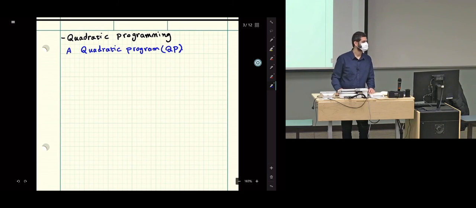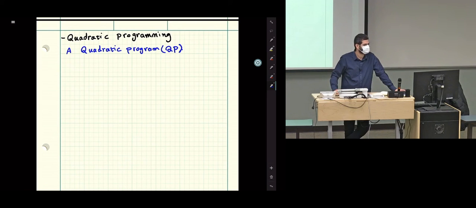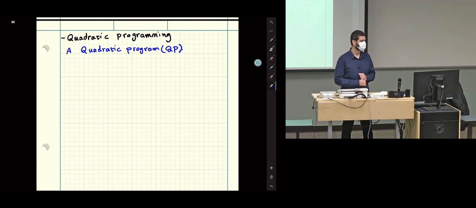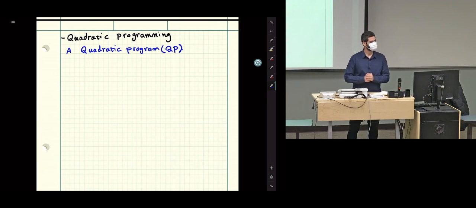You hear this a lot later in your life, if you stay at the university until the end of your degree and more. QP. So you hear people say, oh, that's just a QP. Say, what the hell is QP? It's quadratic programming. Most of the times, it's quadratic programming. And then they add more stuff, QP, QC.